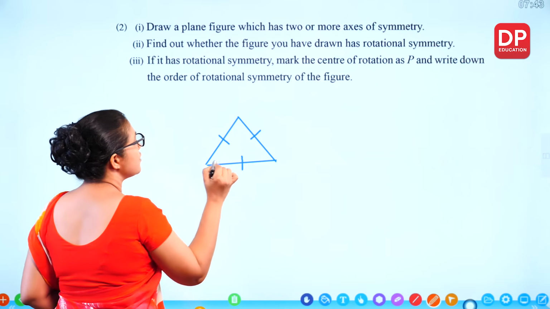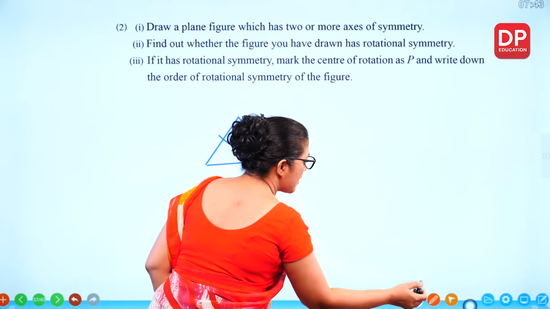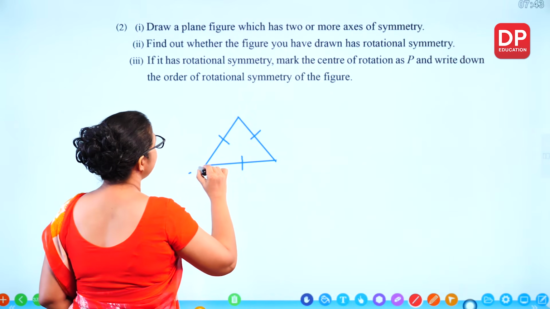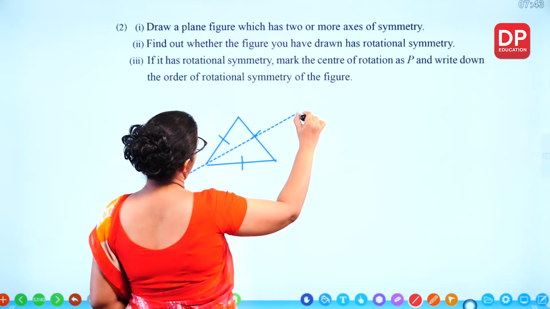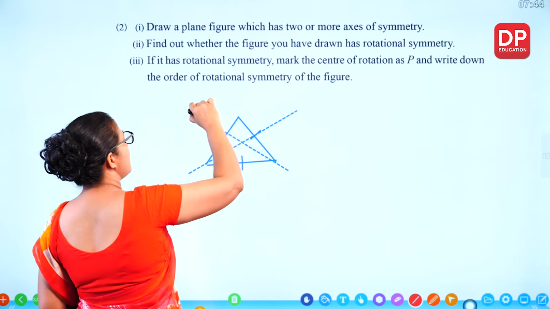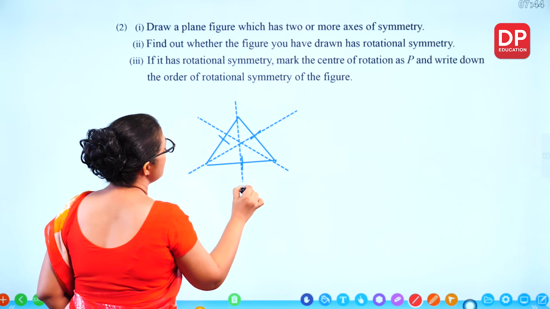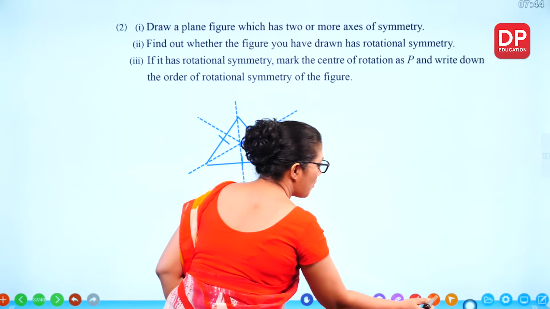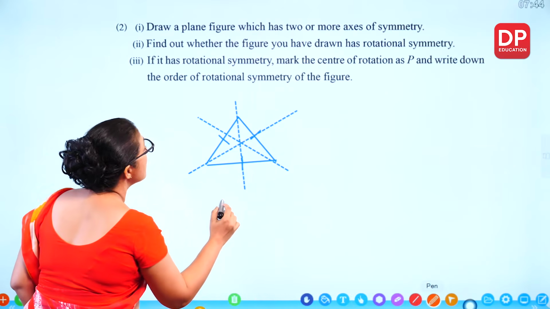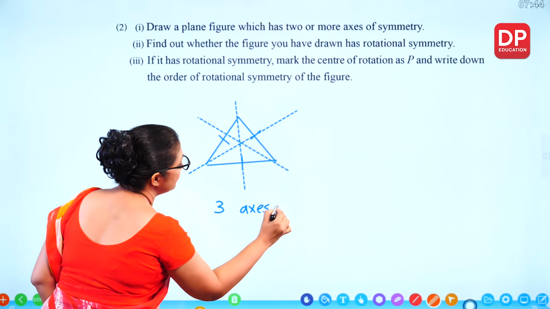We know an equilateral triangle has how many axes of symmetry? You get 3 axes of symmetry. I didn't draw it properly, but when you draw it properly, you get 3 axes of symmetry.